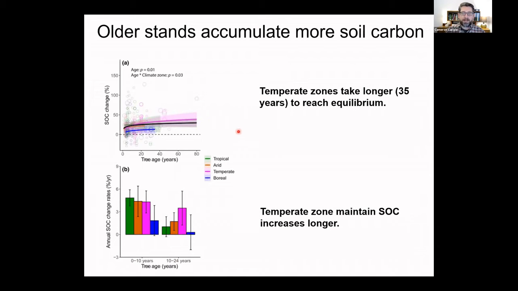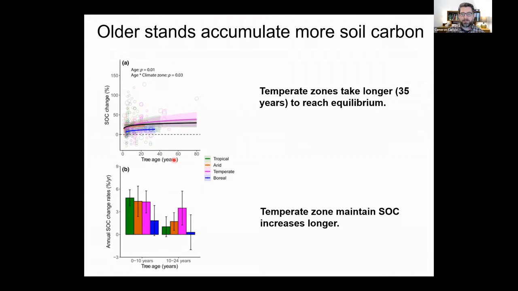And then also looking at patterns through time, we looked at the relationship between the change in the amount of soil organic carbon across the different ecosystems in the world, so tropical, arid, temperate, and boreal systems.